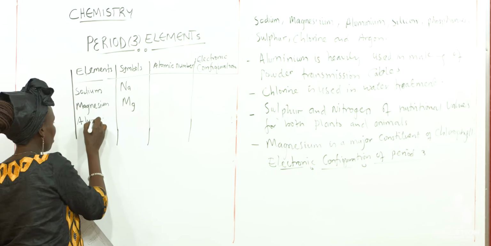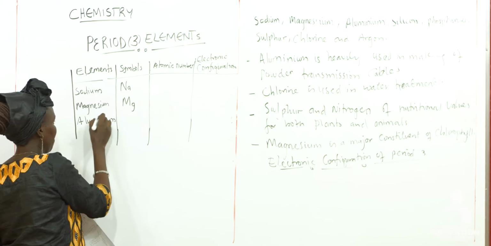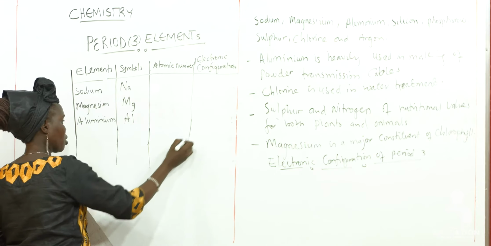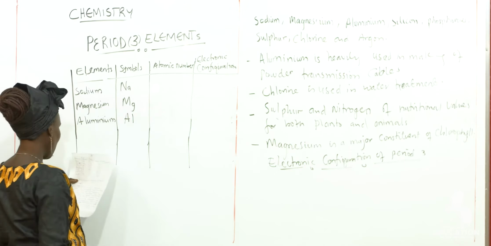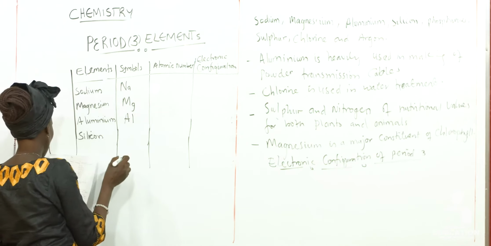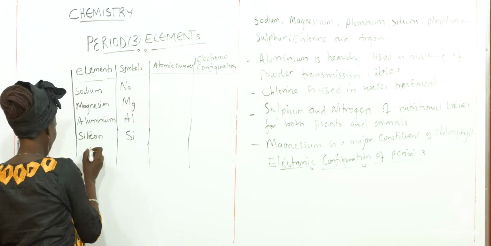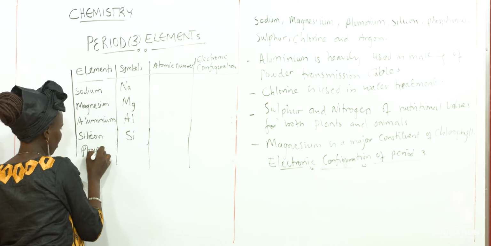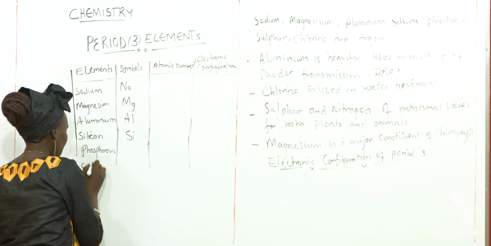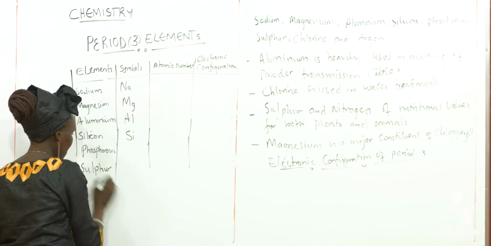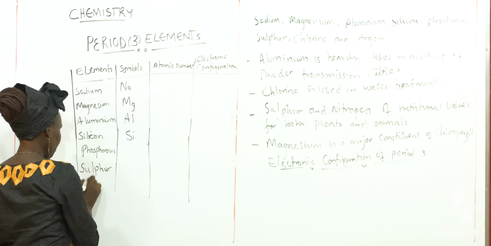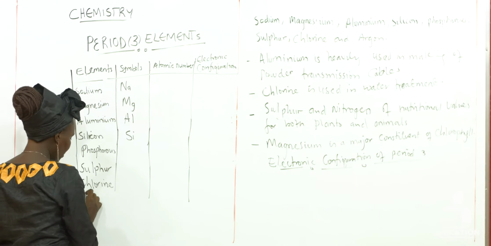Aluminium is Al. Silicon is Si. Phosphorus is P, and then we have sulfur, chlorine is Cl, and lastly we have argon, which is Ar.